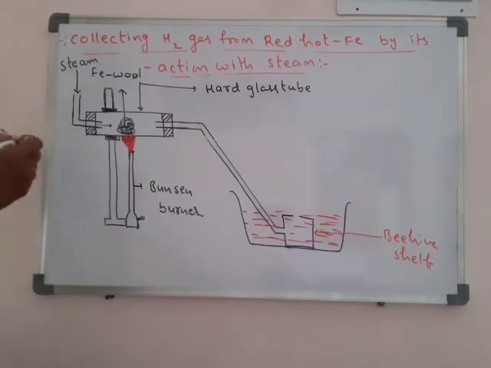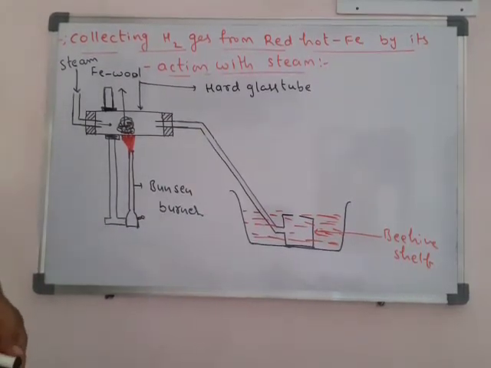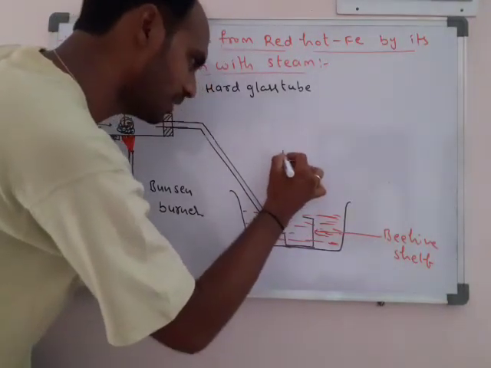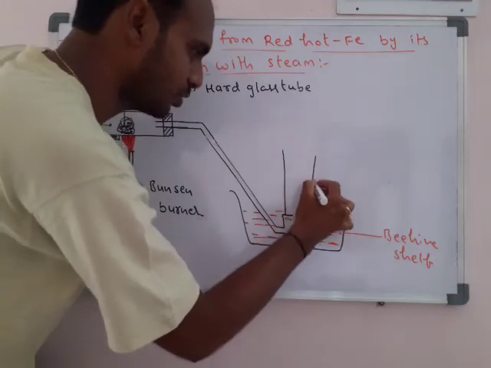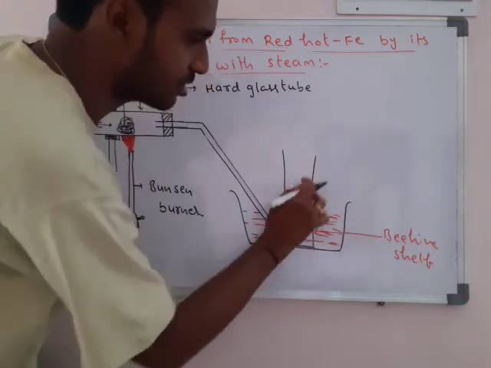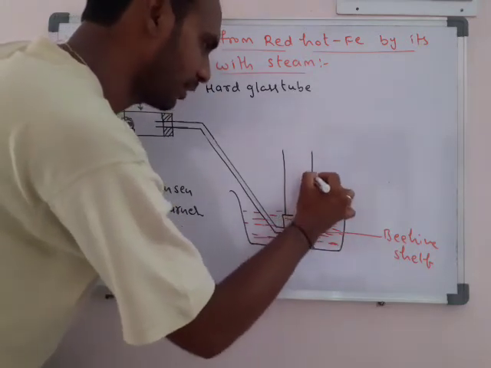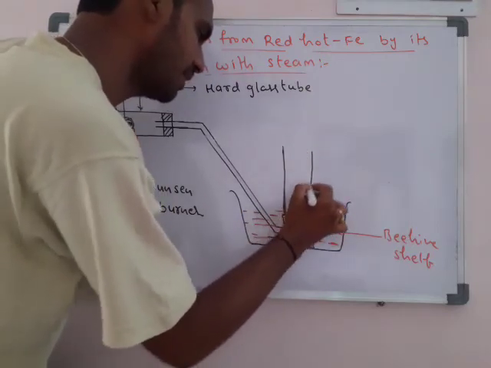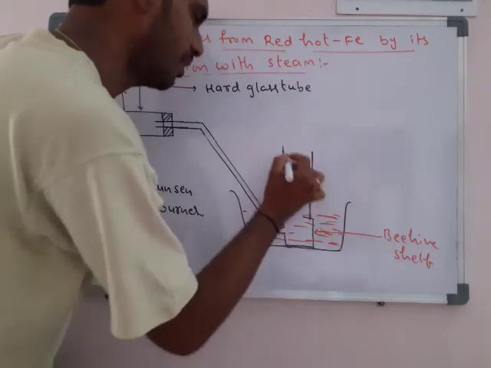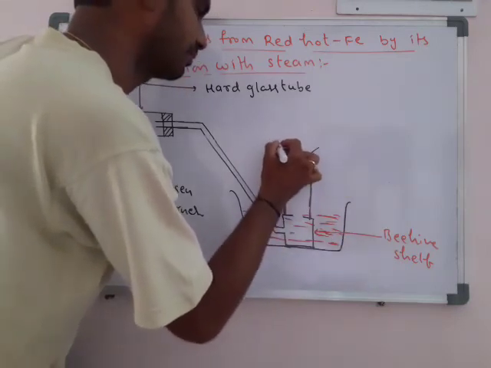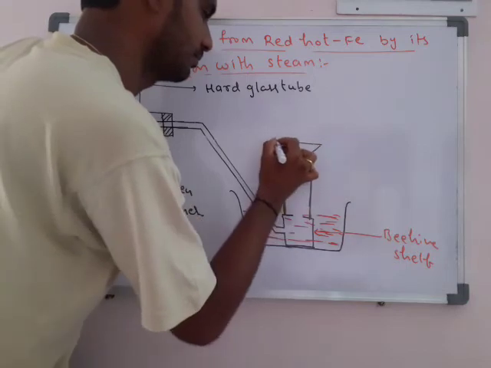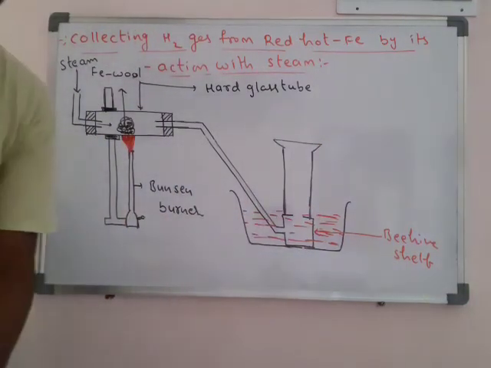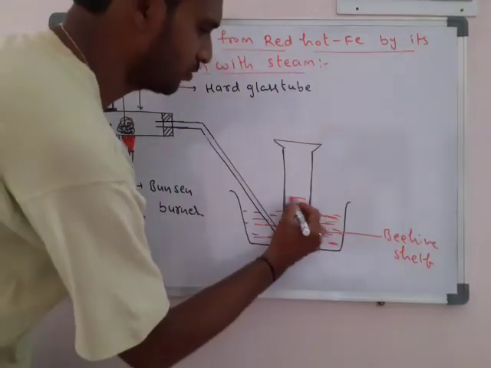Next, a cylinder is placed on it in inverted condition. In reverse, we have taken a cylinder on the beehive shelf. This cylinder is also filled with water, so we fill it up totally with water.